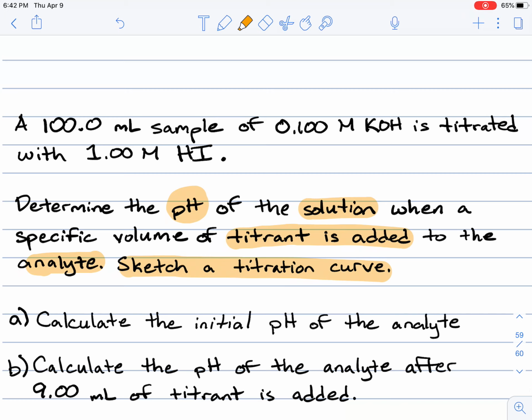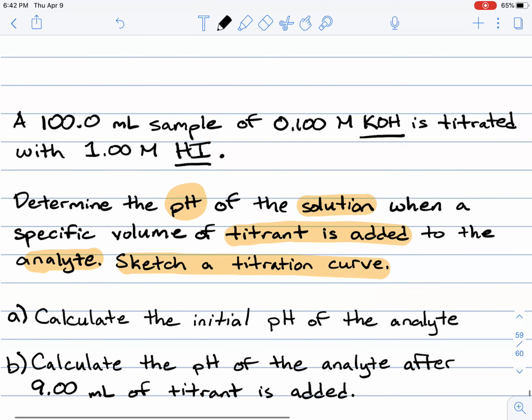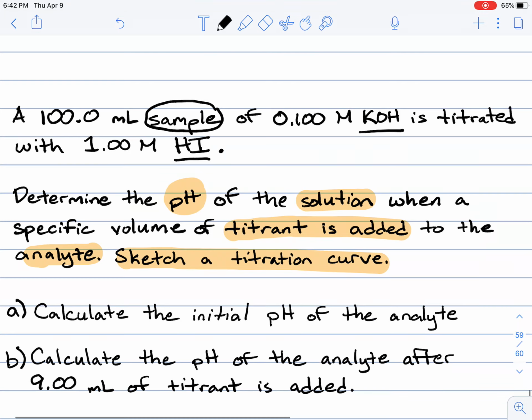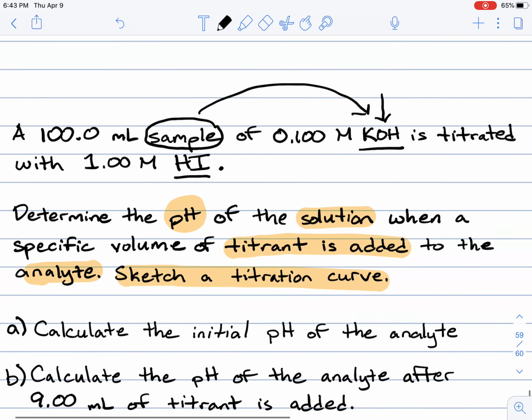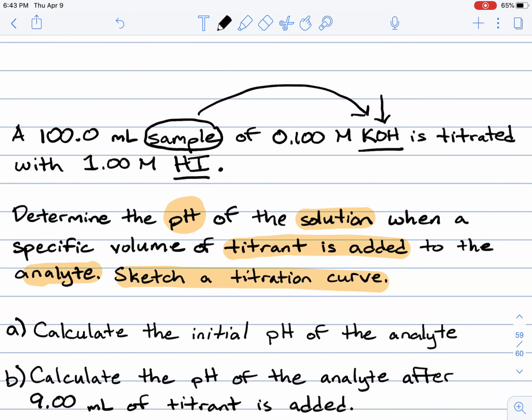So the first thing that we need to do is identify which of these two substances is our analyte or titrant. Once again, we're going to use clues within the sentence. Since the 100 milliliter sample is referring to the potassium hydroxide, you can imagine that potassium hydroxide is inside the Erlenmeyer flask because that's our sample.